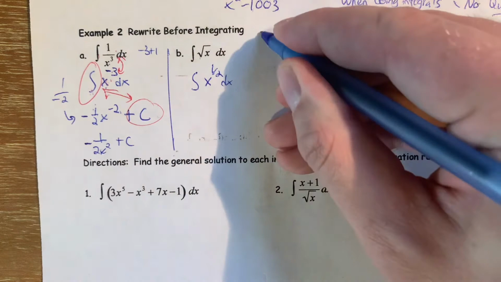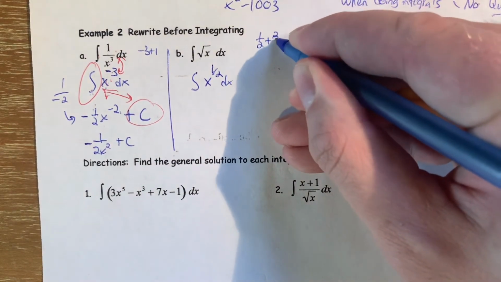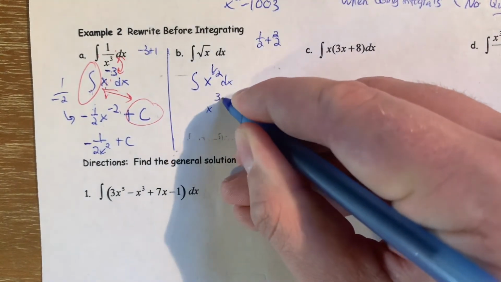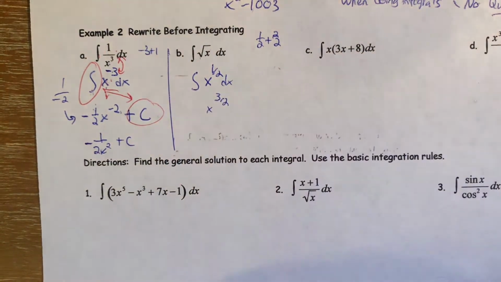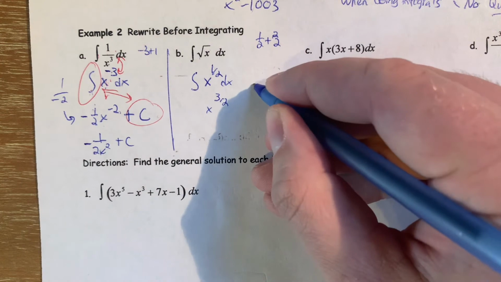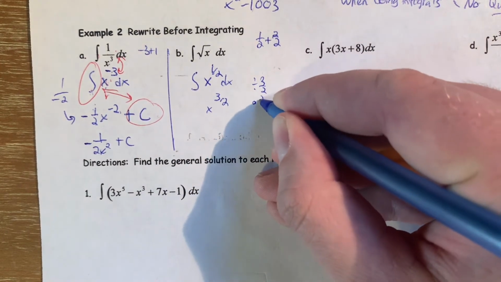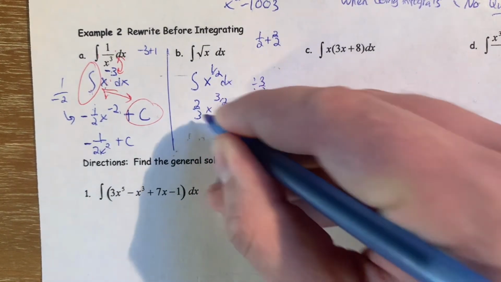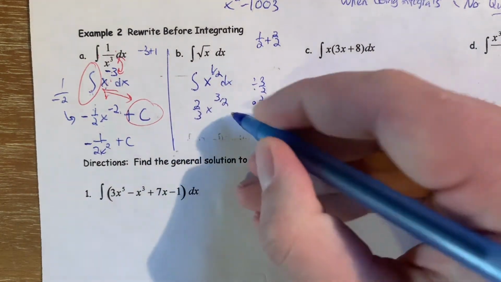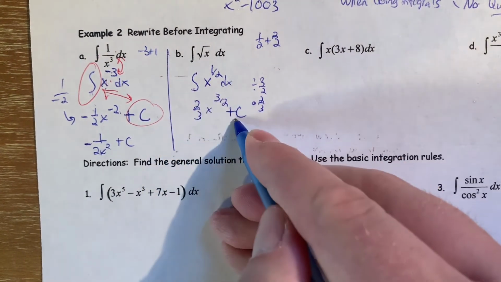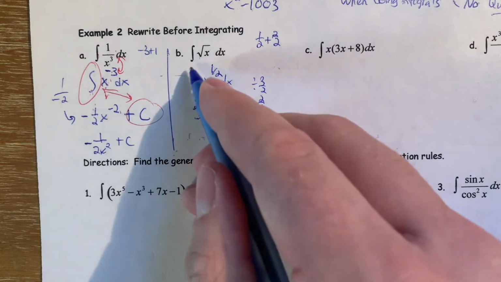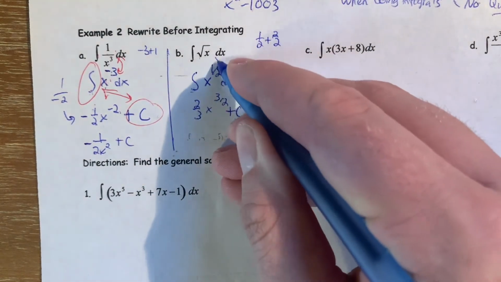Well, we raise the power by 1, so 3/2. And divide by the new power. Dividing by 3/2 is the same as multiplying by the reciprocal, so 2/3. As soon as the integral sign goes away, we need a plus c. Either you should have an integral or a plus c there. Here we still have the integral because we're just rewriting, and these are the same thing.